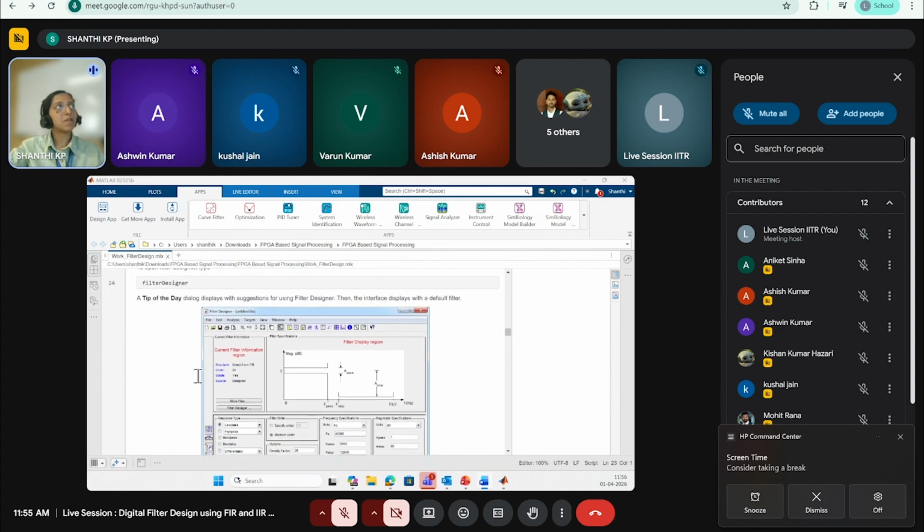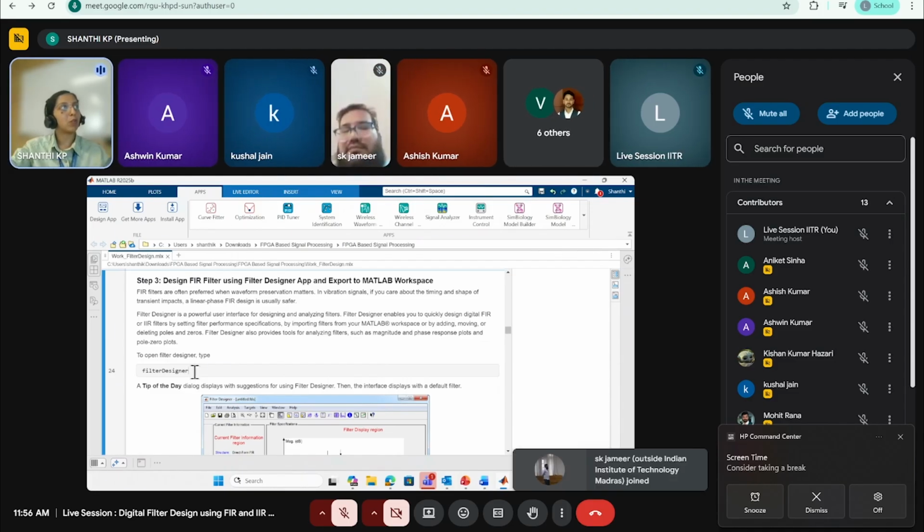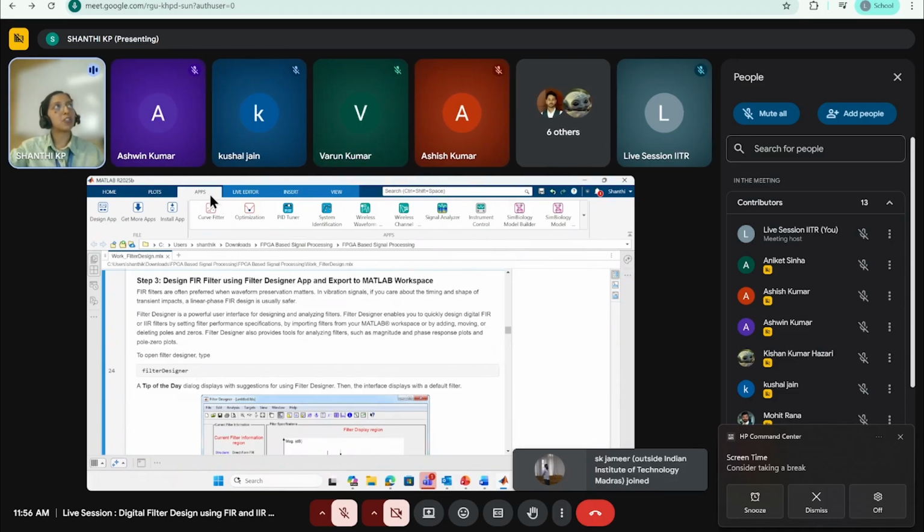So let's launch the filter designer app. As I mentioned for the signal analyzer app, either you can launch it through the app section, or you can run the filterDesigner command in the command window, the live script, or in the editor window.